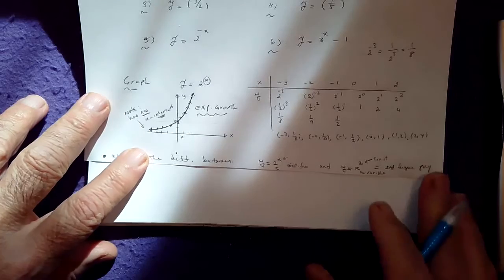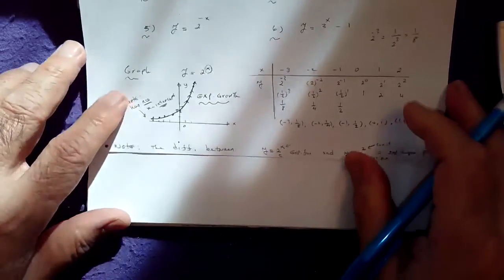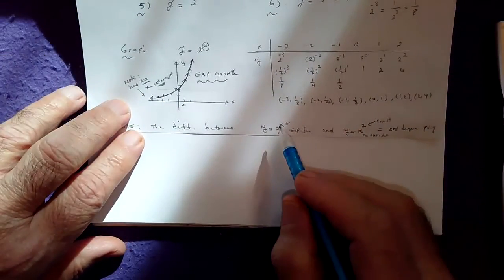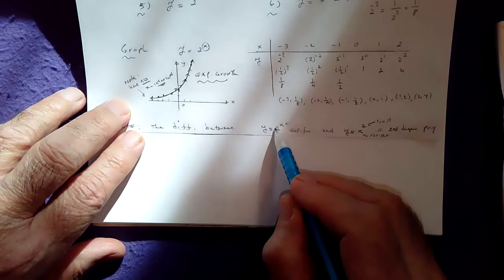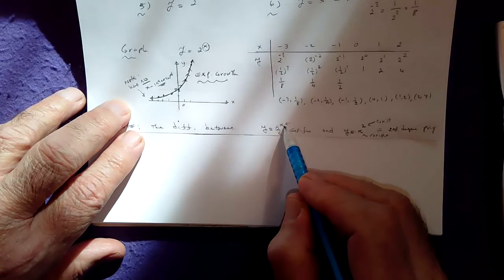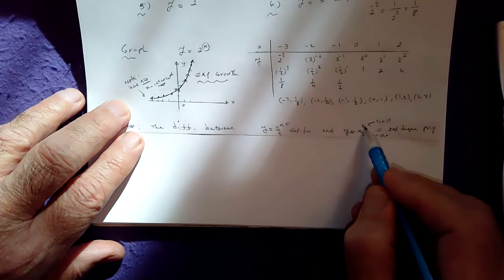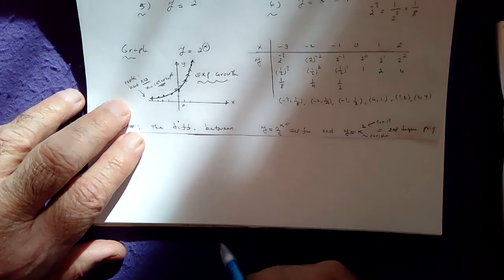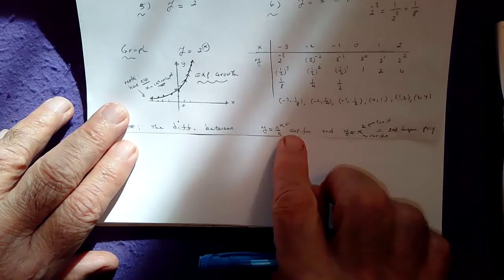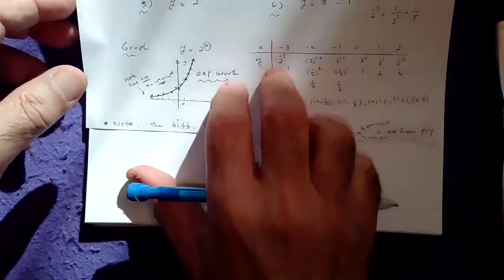Polynomials. So do you see the difference between exponential function and polynomials? For exponential functions, the base is a constant number, the power is variable. For polynomials, the base is variable, but the power is a number. So that's the difference between exponential function and polynomials.